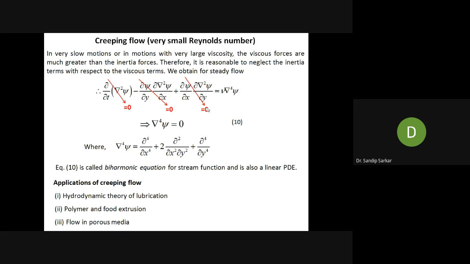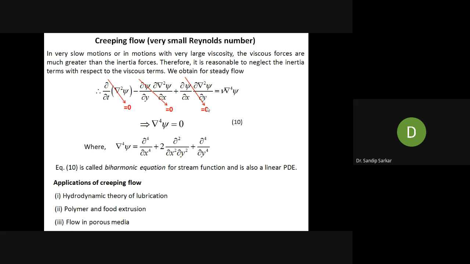Basically, we can generate a small microfluidic chip in a small area, maybe in a CD, and we can perform some pathological tests. Those are called lab on a CD applications. It requires thorough discussion, so we can discuss separately.